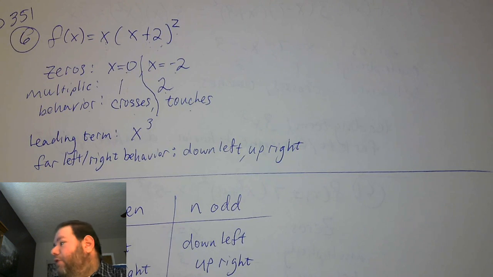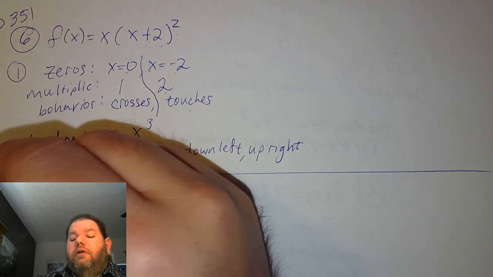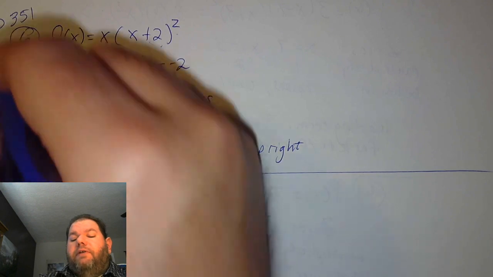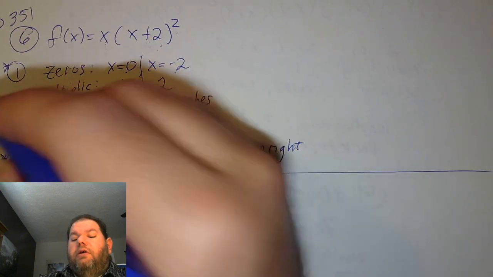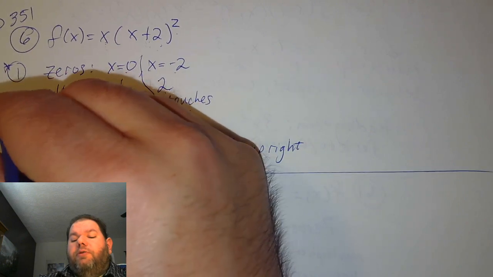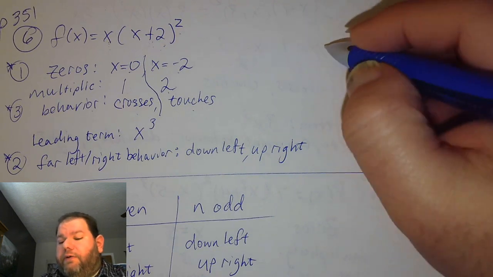The order in which we'll graph these is we'll do the zeros first, far left and far right second, and then the behavior in between third. So let's plot the zeros first.